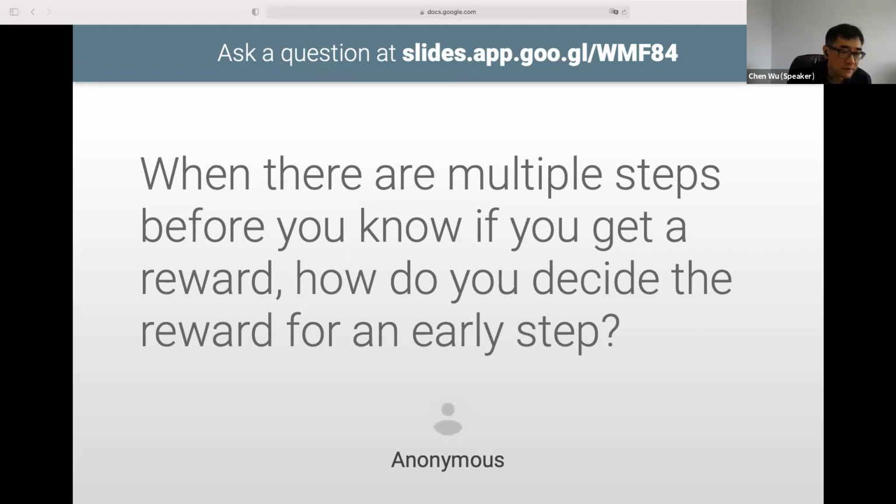This is a sparse reward problem, so you don't have a lot of reward. Let's say we have chess, right? You don't have any reward until the end. Oh, I win, or oh, I lose. One thing you can do is still learn the effects of actions just based on the final reward, but it's definitely not very efficient. By the way, that's exactly how we did it for solving the TSP problem.